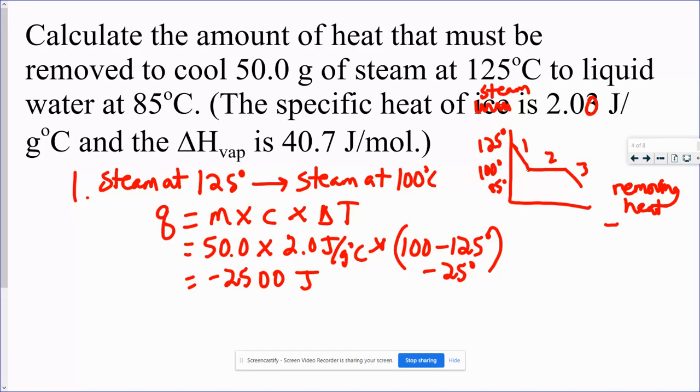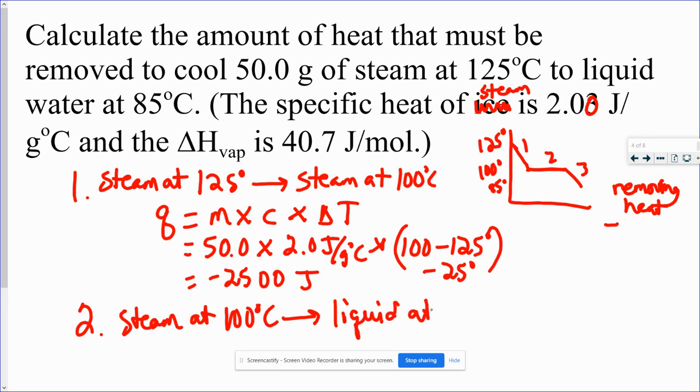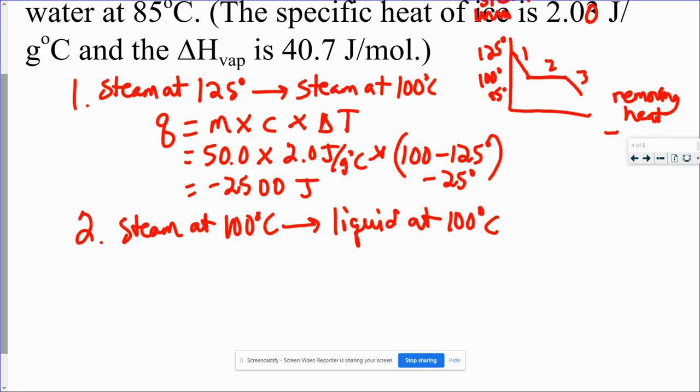Okay, step 1. Then step 2, it's going to go through the phase change, which is condensation. So in step 2, I'm going to take the steam at 100 and I'm going to take it to liquid at 100. Okay, condensation. So negative the heat of vaporization equals the heat of condensation.